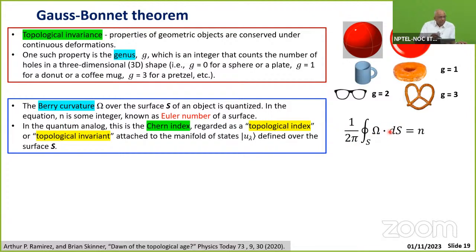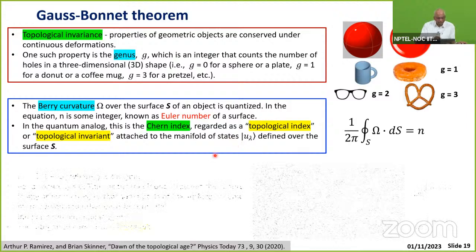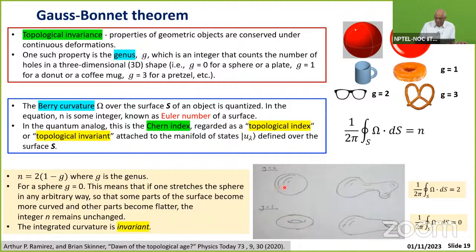And in the quantum parallel, we have the Chern index, which is a topological invariant attached to the manifold of states defined over the surface. So for example, for a genus of G0, you can distort the surface, continuously deform it, but the integral value doesn't change. Similarly, a donut, you can change it in any way, it is still topologically invariant.